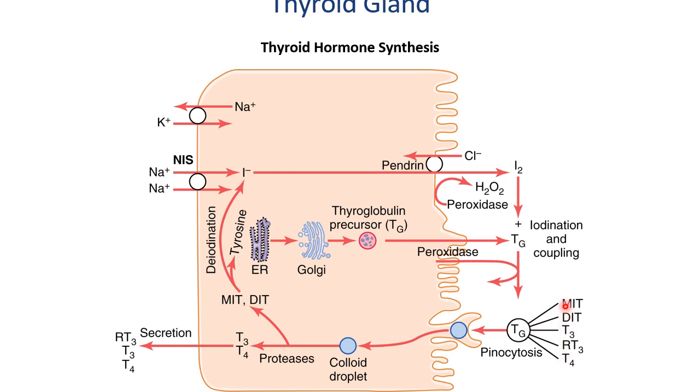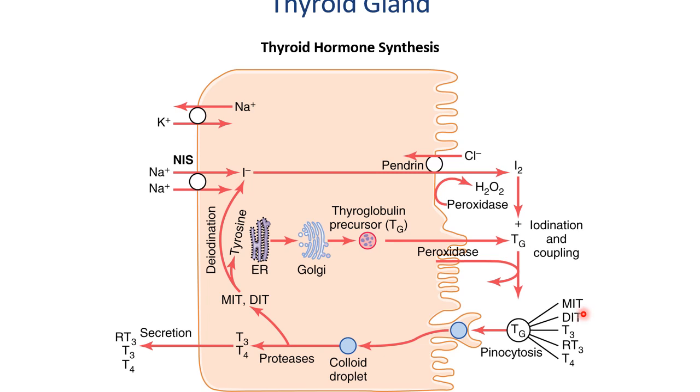Okay, so these iodine containing tyrosine molecules, if individual or separate from each other, we call it monoiodotyrosine, which contains only one iodine atom. If it contains two iodine atoms, you call it diiodotyrosine.